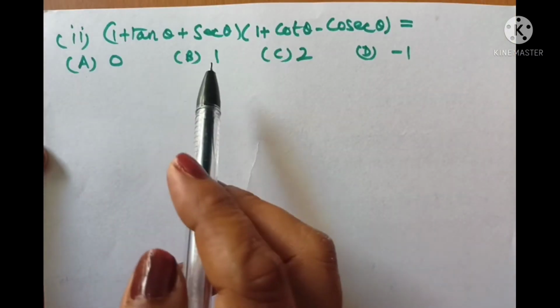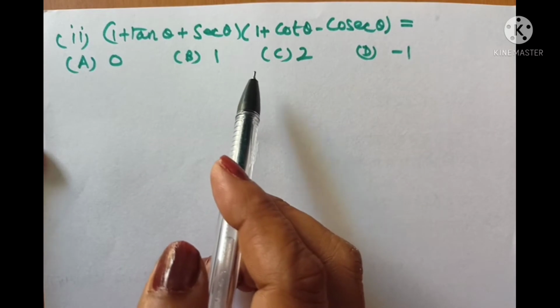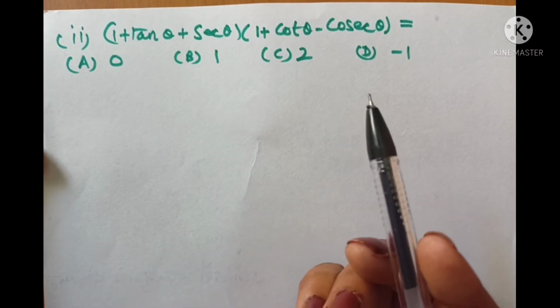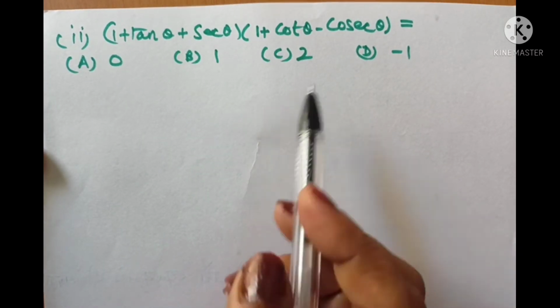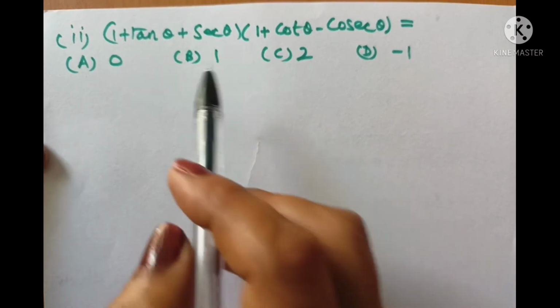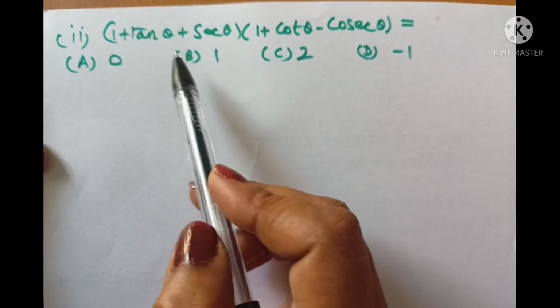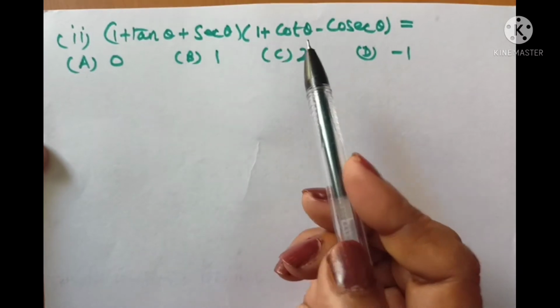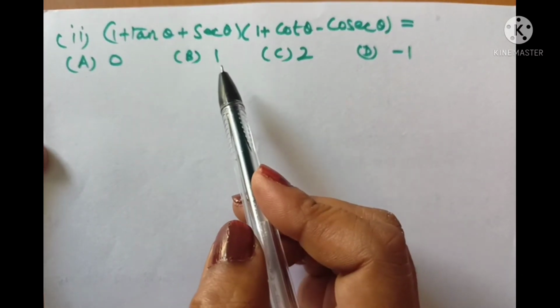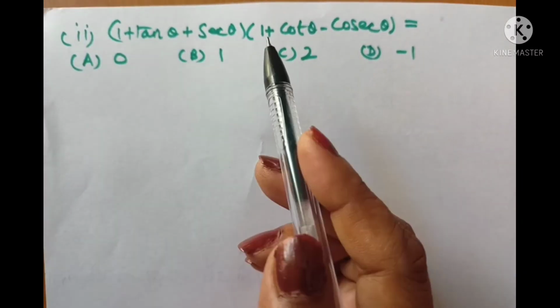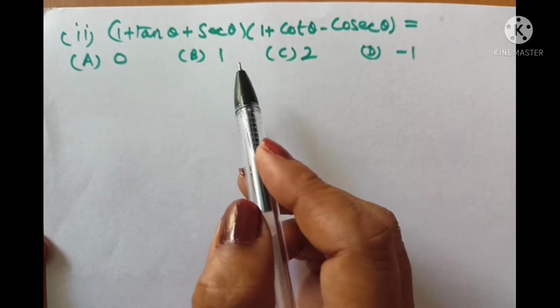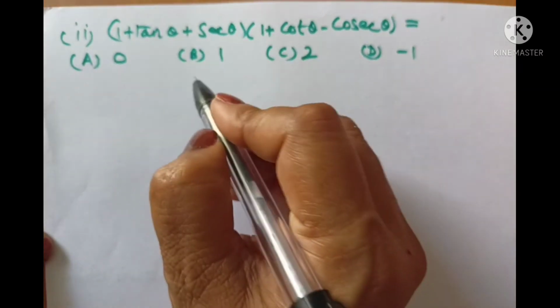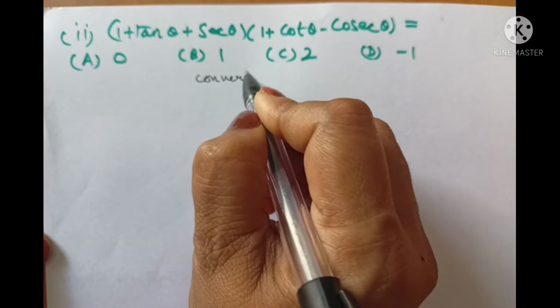See students, the second part is a complete question in itself. We need to solve it as we would solve any other question and then tally the option. So see, whenever you have a combination of tan, secant, cot, cosecant, which are not bound by a single identity, for such questions I give you a very useful tip: convert all to sin cos.